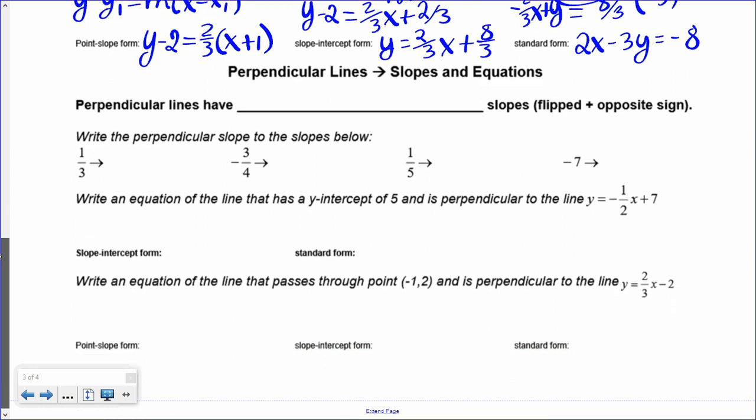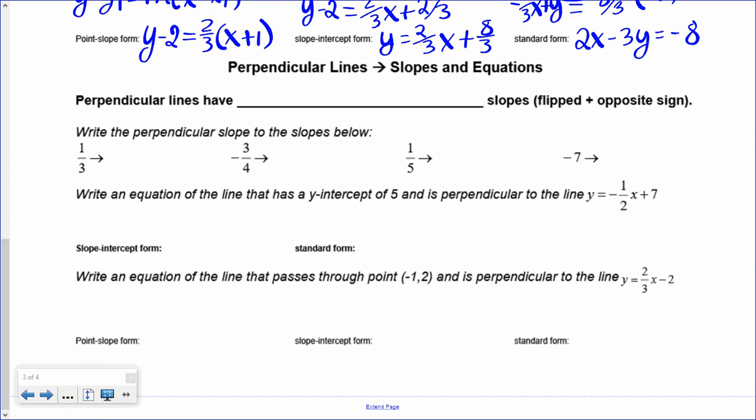Alright, next up, perpendicular. What do you know about the slopes of perpendicular lines? Opposite reciprocal. Opposite reciprocal.